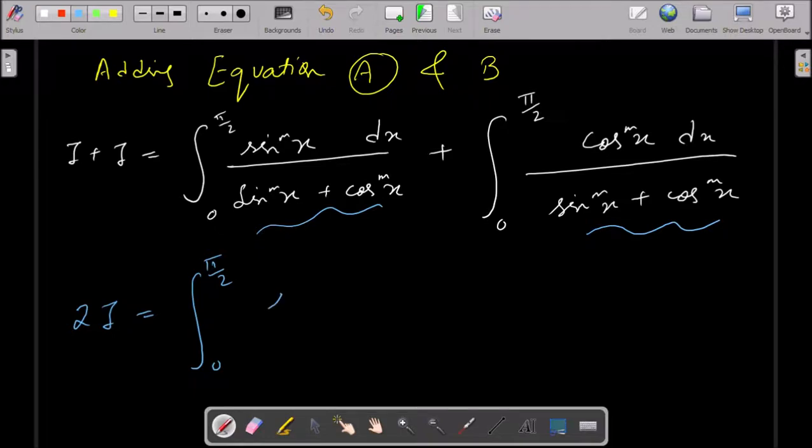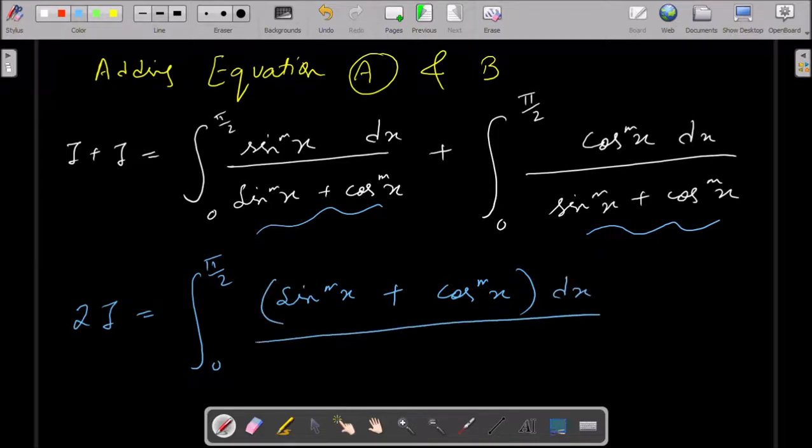Sin x to the power m plus cos x to the power m dx upon sin x to the power m plus cos x to the power m. The denominator is common, and the numerator and denominator are the same here.